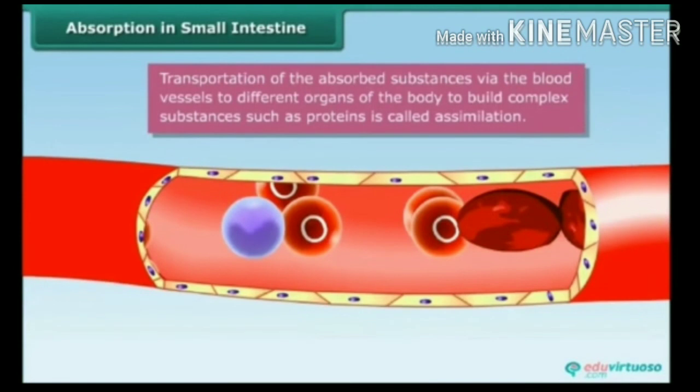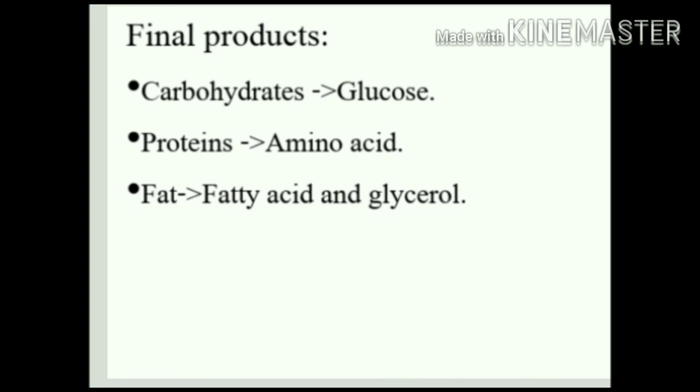Amino acids are used to make proteins required for growth and repair of the body. Now it is clear, children, the final products of digestion. All the carbohydrates contained in the food are converted into glucose, the proteins into amino acids, and fats into fatty acids and glycerol.